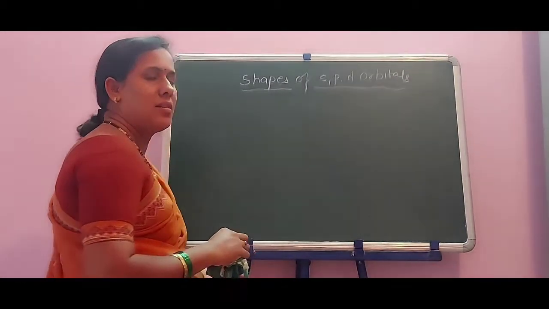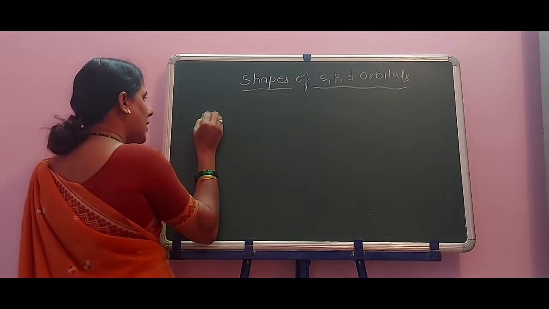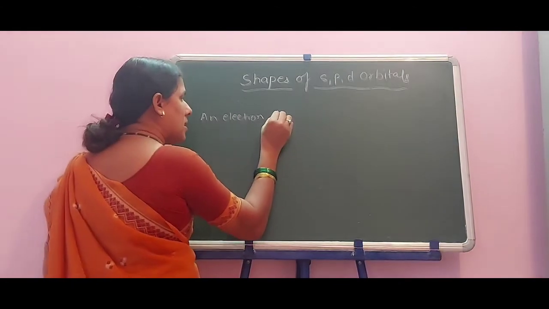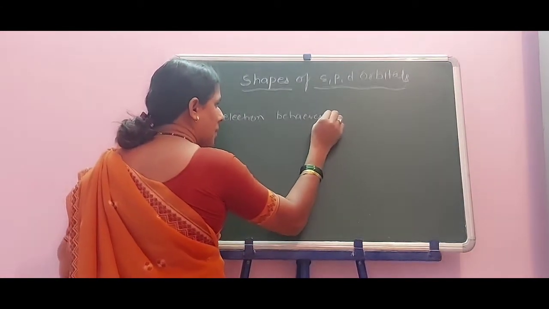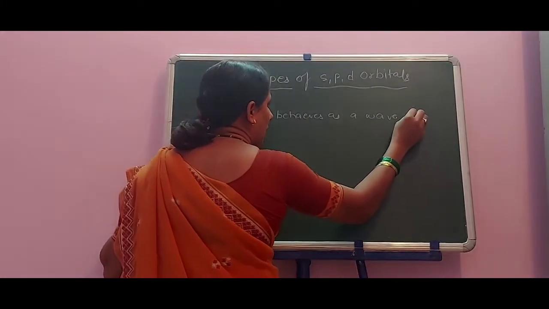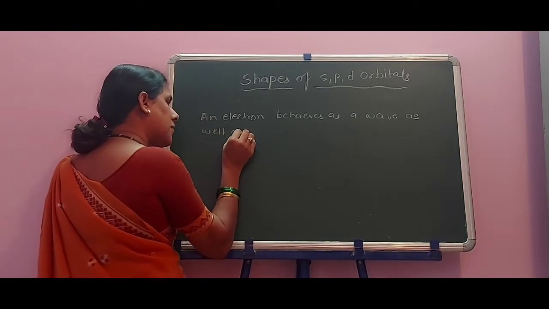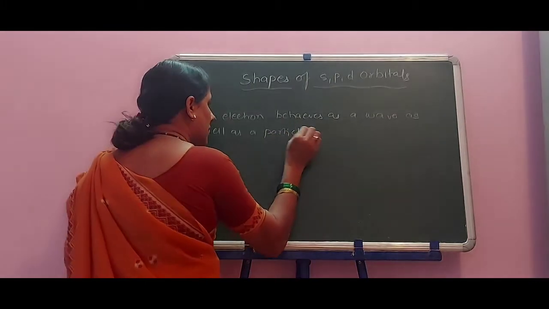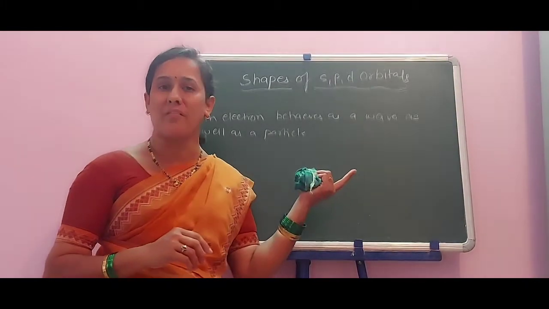After this, one observation was made: an electron behaves as a wave as well as a particle. We have already seen this in deriving de Broglie's equation.